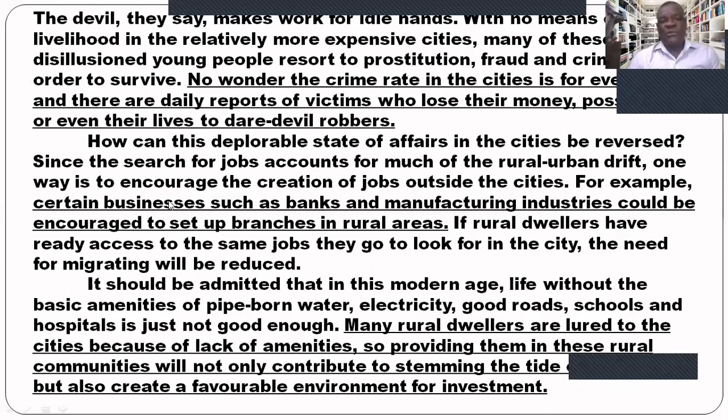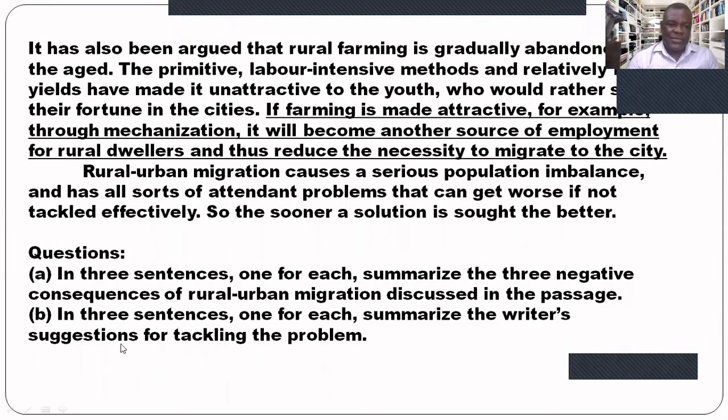We now go to question B, which is about the writer's suggestions. In 3 sentences, 1 for each, summarize the writer's suggestions for tackling the problem. Again, if you are using a preamble method, after summarize here, you start your preamble from here.